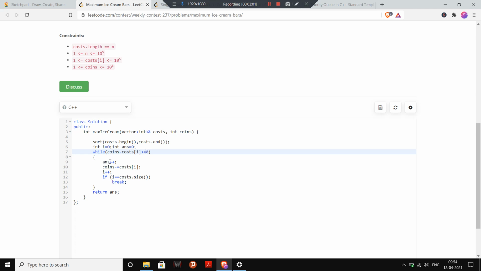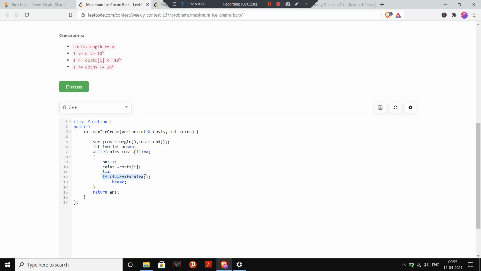Similarly here, if coins minus cost of i is greater than or equal to 0, because if it becomes negative, it means that I cannot buy this ice cream. Since I can buy this ice cream, I will increment my answer. I will decrement my coins by the cost of this ice cream, because I have bought it, and now I will move to the next index.